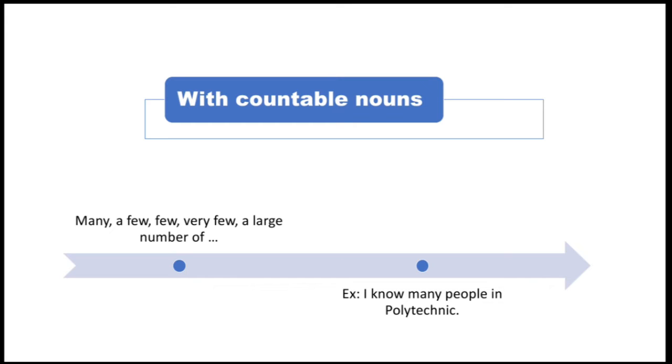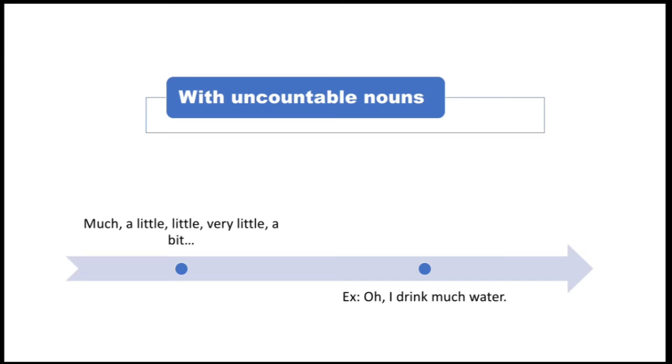Example: I know many people in Polytechnic. I cannot say I know little people or I know much people, because the singular of people is person, and person is countable.